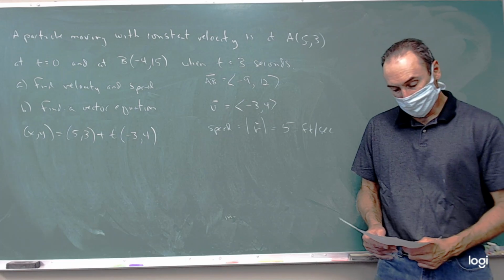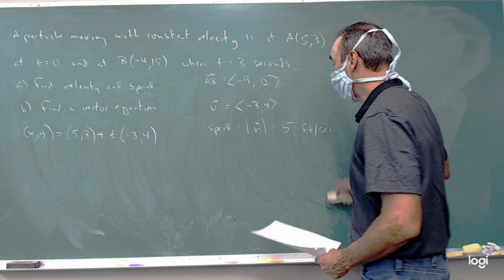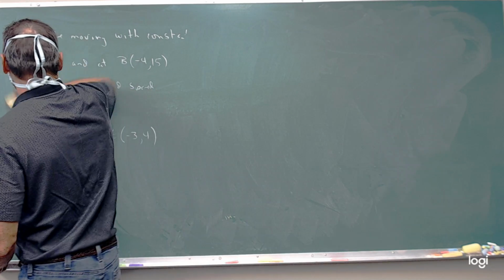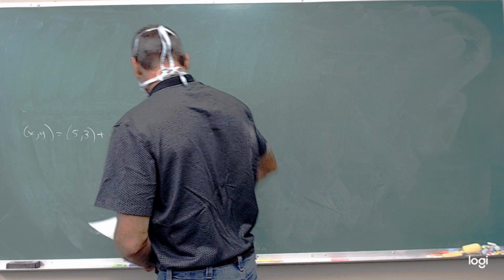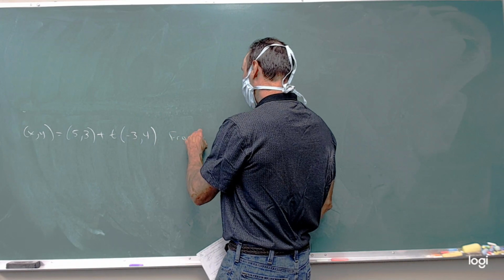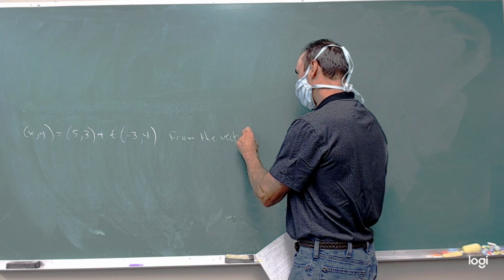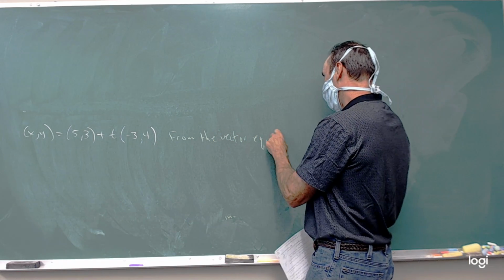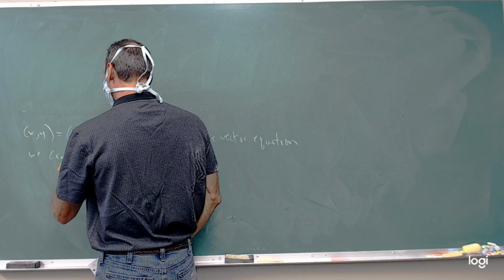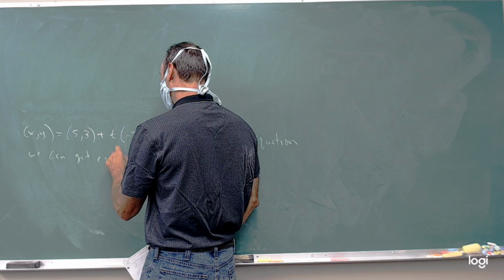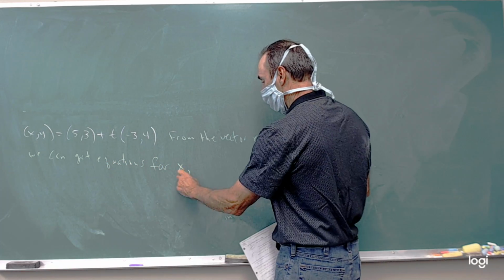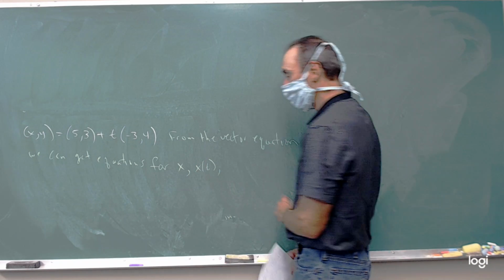Okay. So from here, now, this vector equation, get rid of this. From that vector equation, we can get an equation in x and y. So from the vector equation that we're looking at right there, or in general, whatever our vector equation is, we can get equations for x, or if we would prefer, maybe more accurately call it x of t.